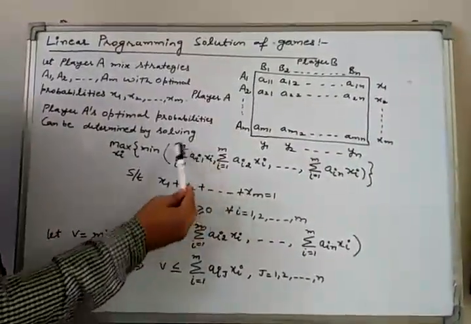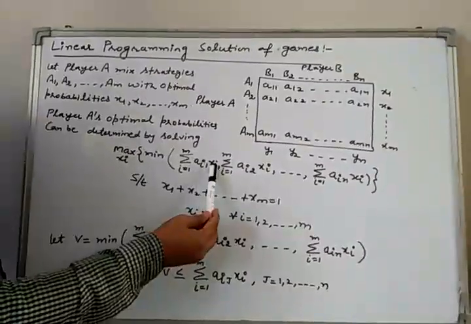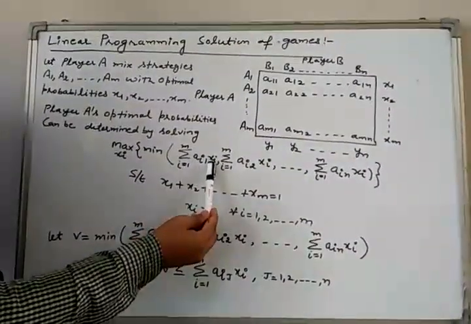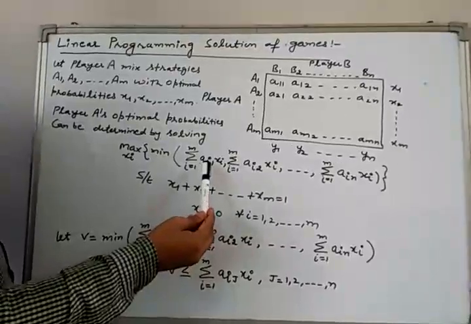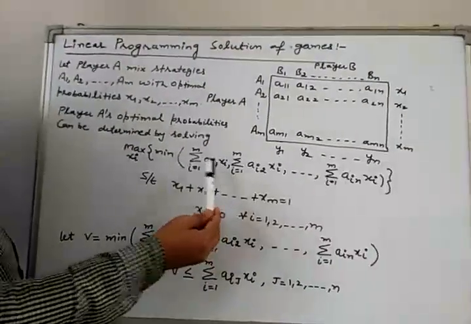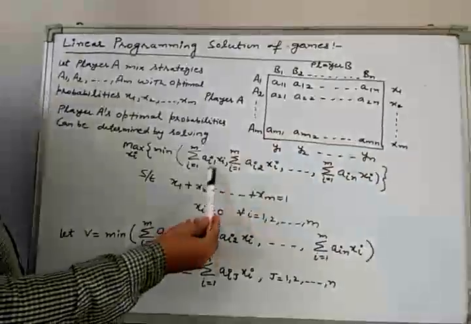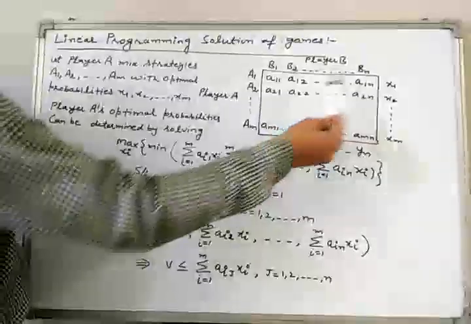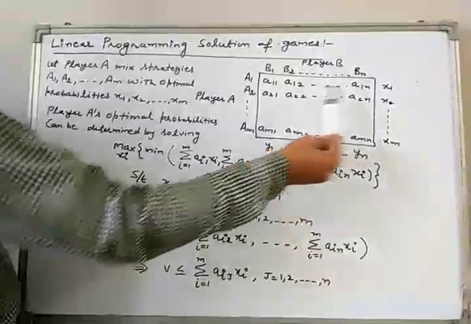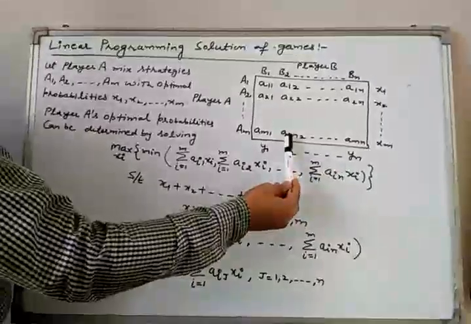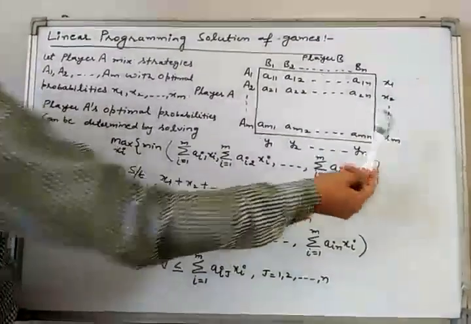If we open this, it becomes a11 x1 plus a21 x2 plus a31 x3 plus so on up to am1 xm. And the next term is a12 x1 plus a22 x2 plus so on up to am2 xm.